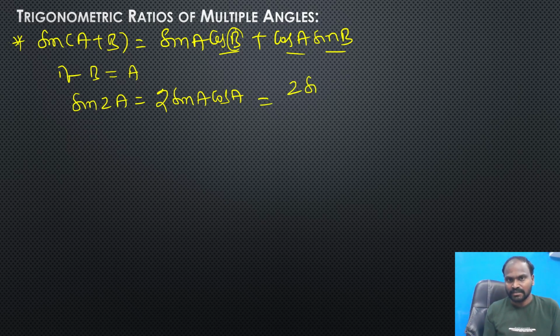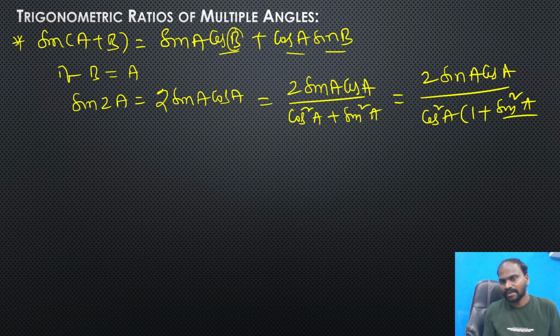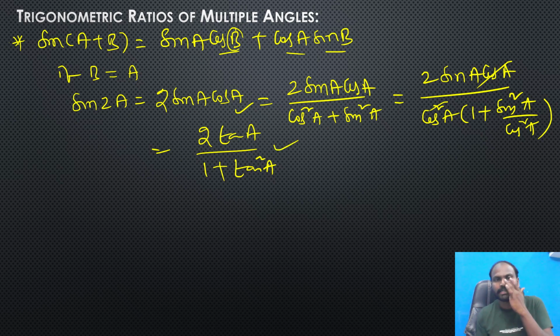Okay, fine. Now 2 sin A cos A divided by 1, I can write here 1 as cos square A plus sin square A. So now in 2 sin A cos A, if I take cos square A common in the denominator, I will get 1 plus sin square A by cos square A, because there is no cos in the numerator. So one cos gets cancelled, and what you will get here is 2 sin by cos, so tan A, by 1 plus sin square by cos square, which is tan square A. This is how you can write the sin 2A formula in terms of sin and cos, and in terms of only tan.